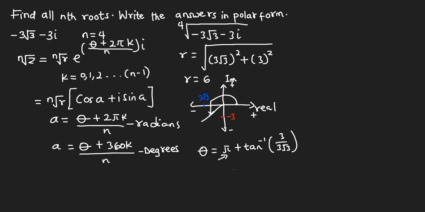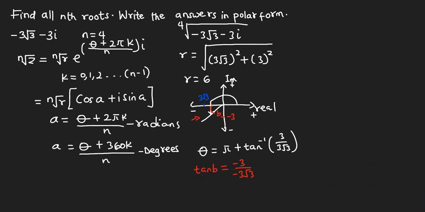Now let's talk about the tan inverse of 3 over 3 root 3. Let's focus on this side here. Let's say I have this small angle here, which I'll name as angle B. For this angle, I can say that the tan of angle B will be equal to opposite, which is the minus 3, over the adjacent, which will be minus 3 root 3.